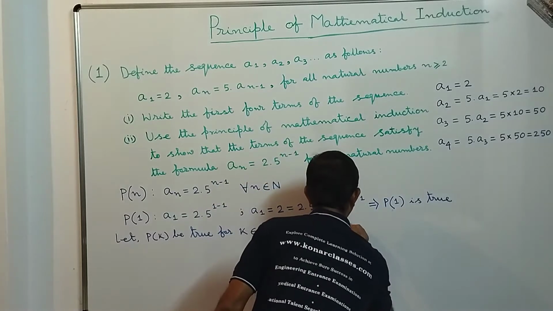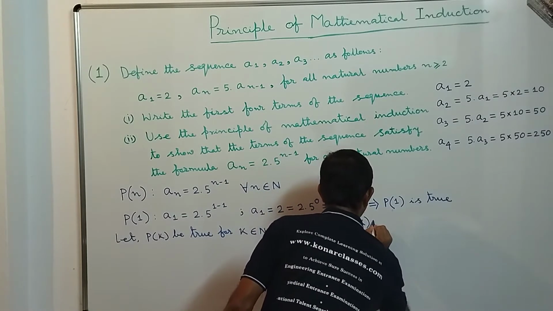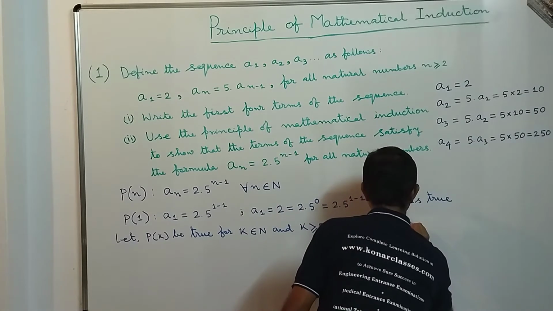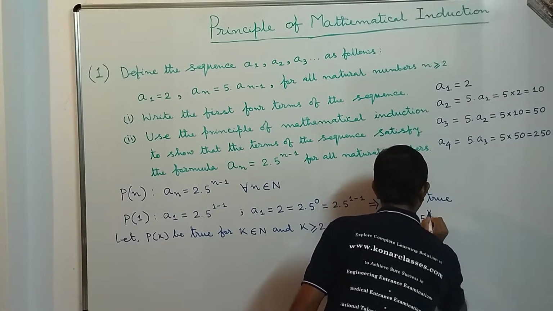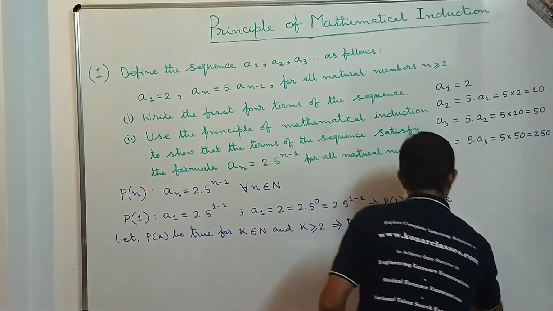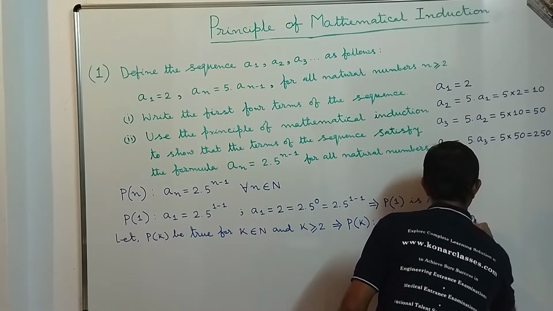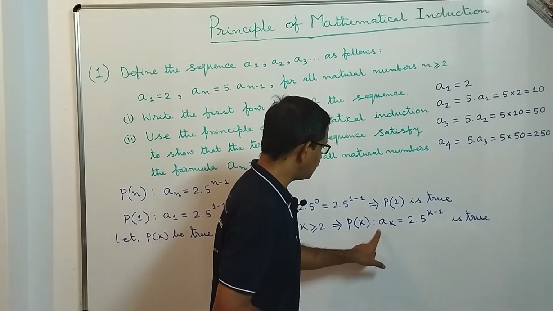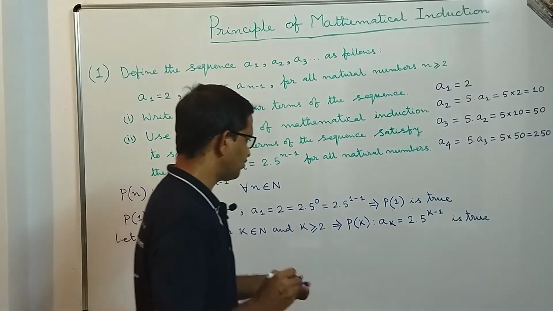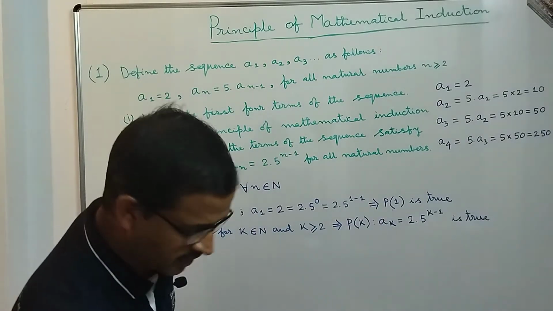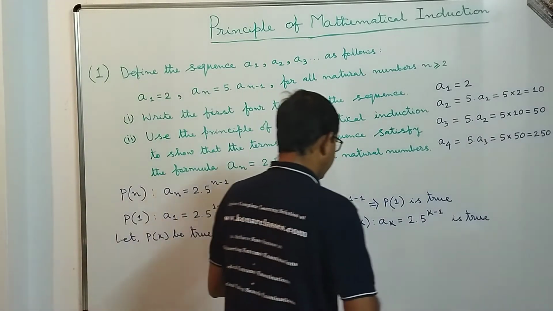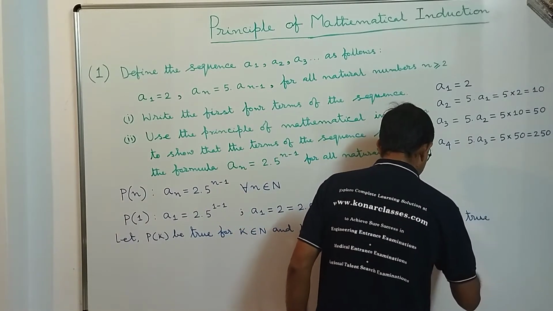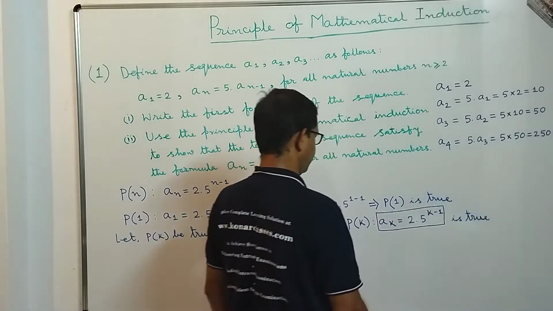So Pk stands for Ak equal to 2 into 5 to the power k minus 1, and this is true. That means whenever we get Ak in our future derivation, we can replace Ak by 2 into 5 to the power k minus 1.